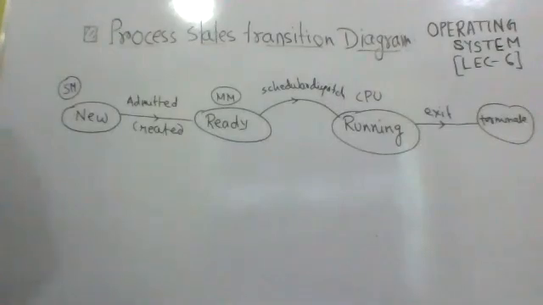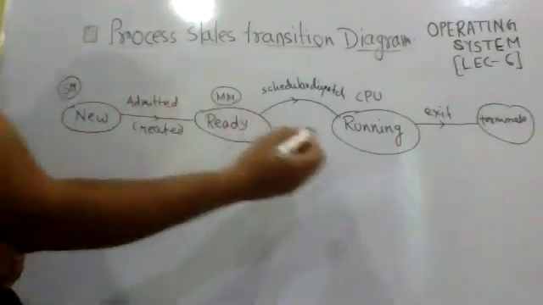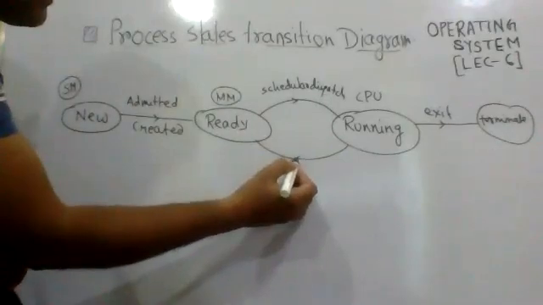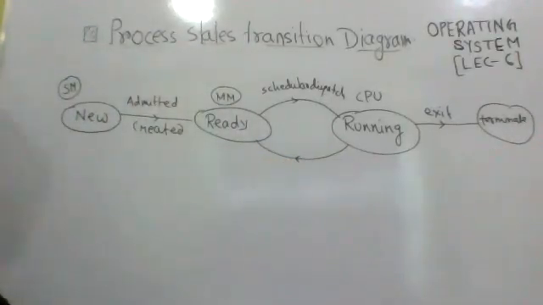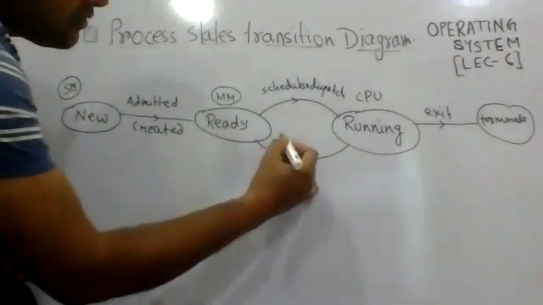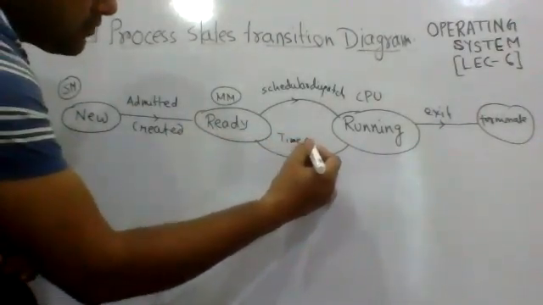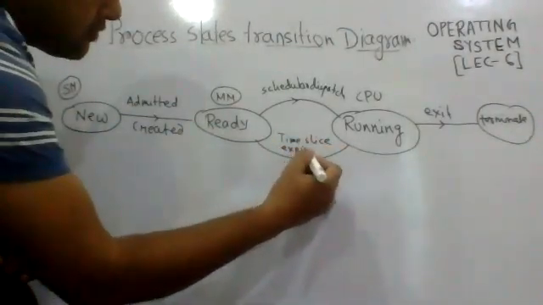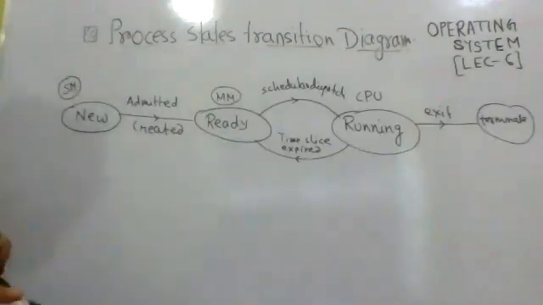Now sometimes we have a transition from the running state to the ready state, and here the event is time slice expired. So what is time slice?